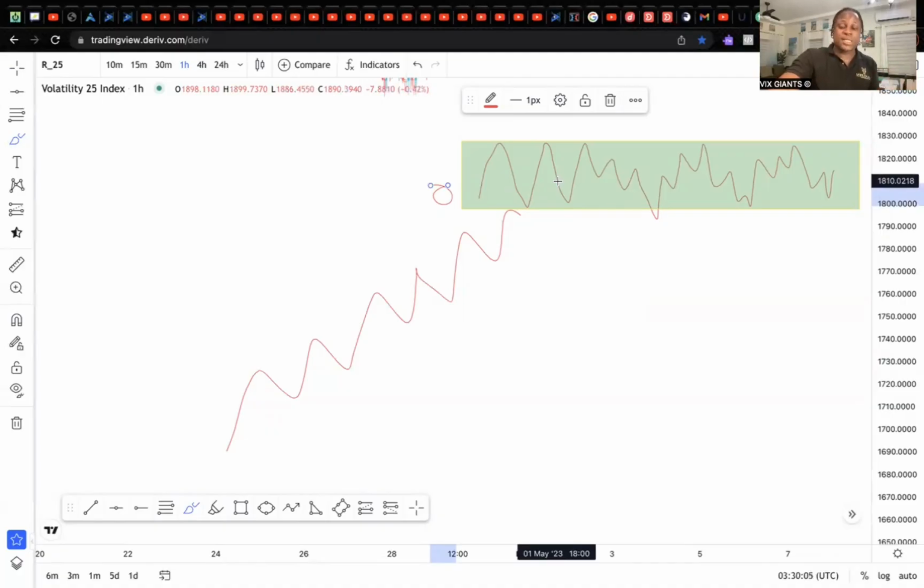The next reason why we encounter a sideways market is to accumulate orders, right? The market would push, slow down, and accumulate orders to continue in its original trend. Or usually when the market is about to change direction, we see the market slow down, right?